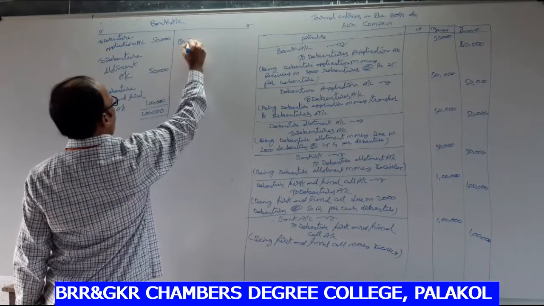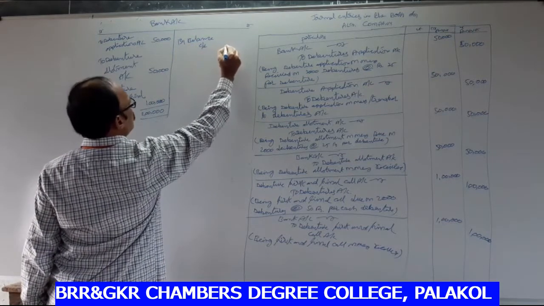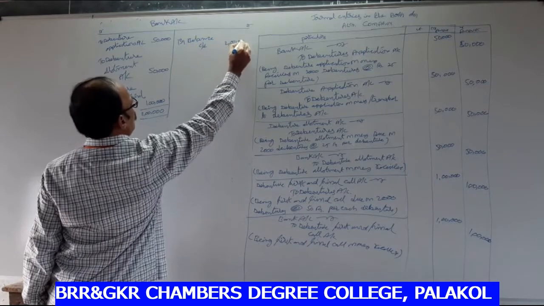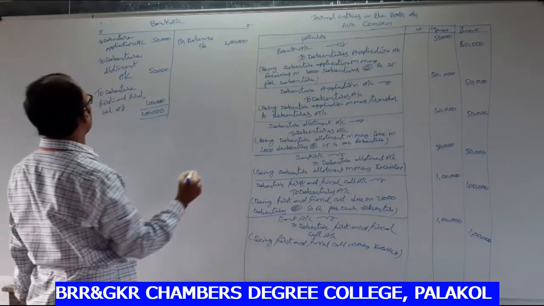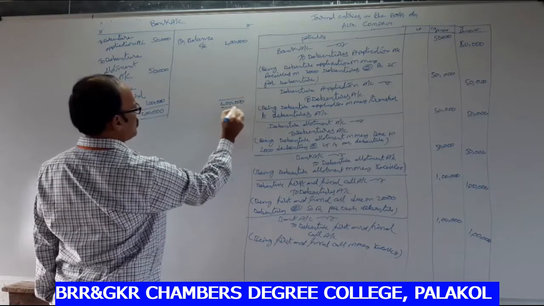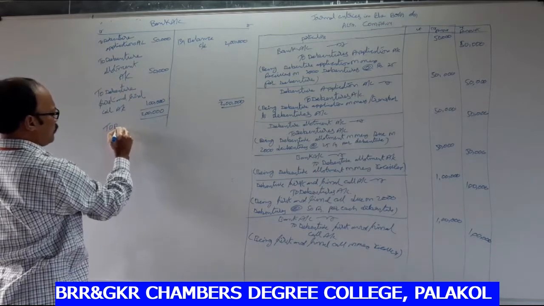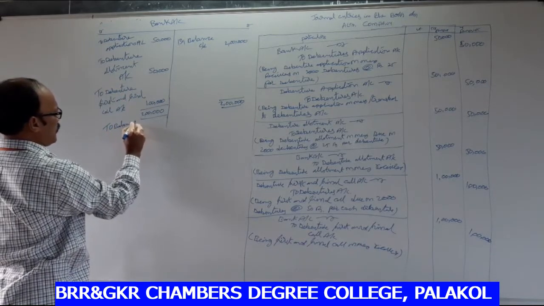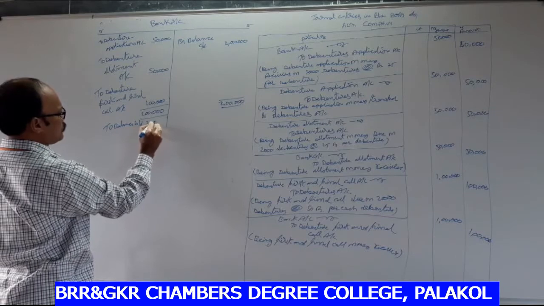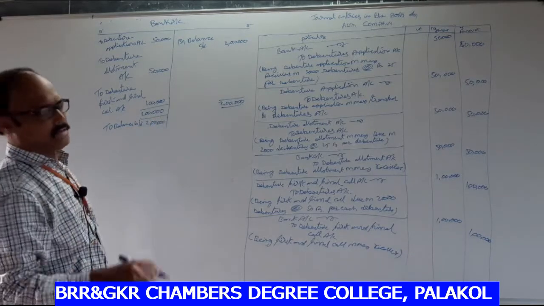By balance carried down 2 lakhs. Okay, 2 lakhs. To balance brought down 2 lakhs. This is the ledger account for bank.